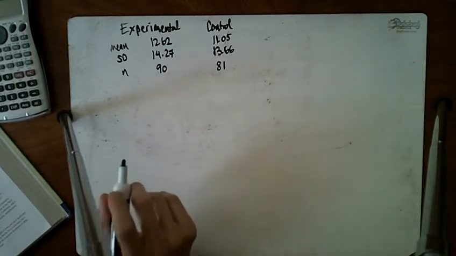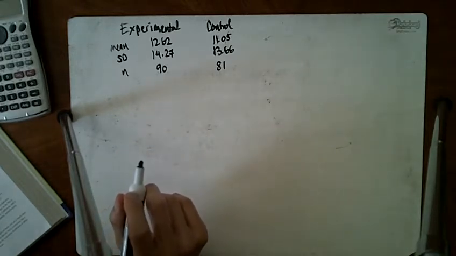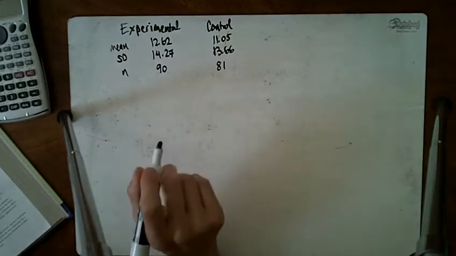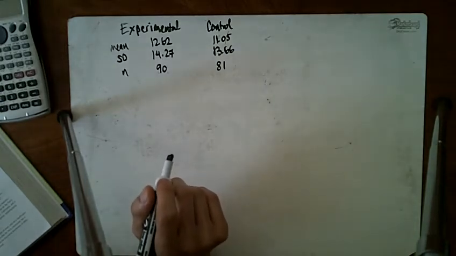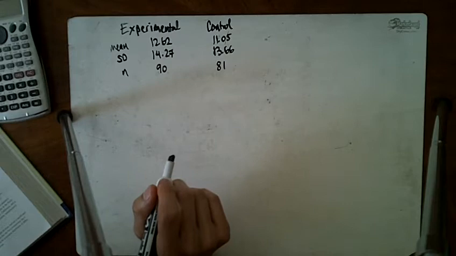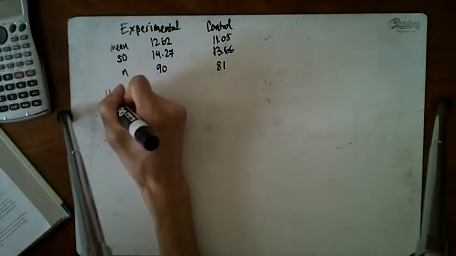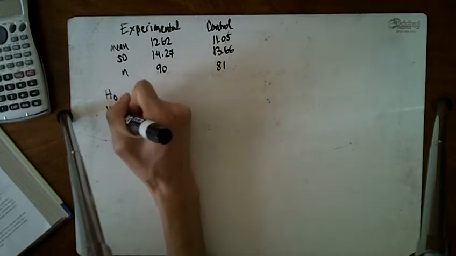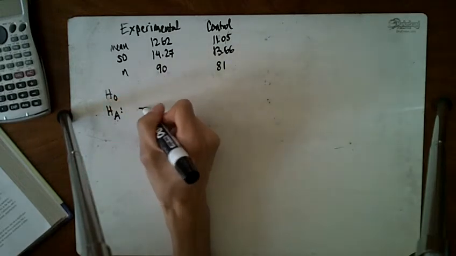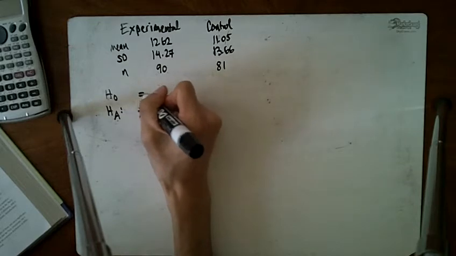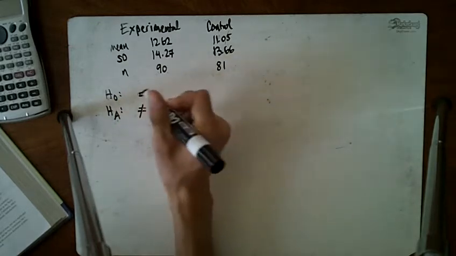Okay, so it says near the last sentence before the source, test the hypothesis that the mean number of self-reported offenses is not the same for each group. So in this case, the alternative is that they are not the same, and the null always has an equal to sign, which means they would be the same.